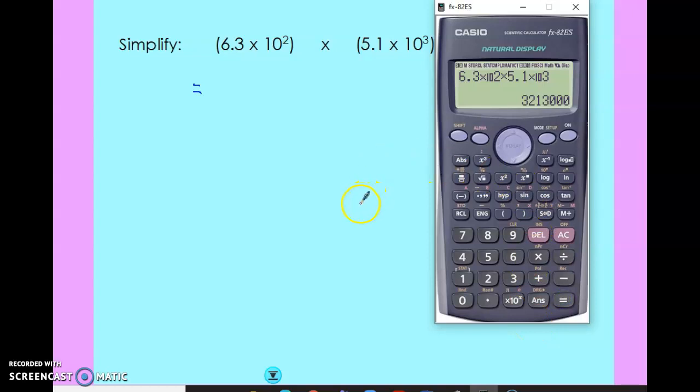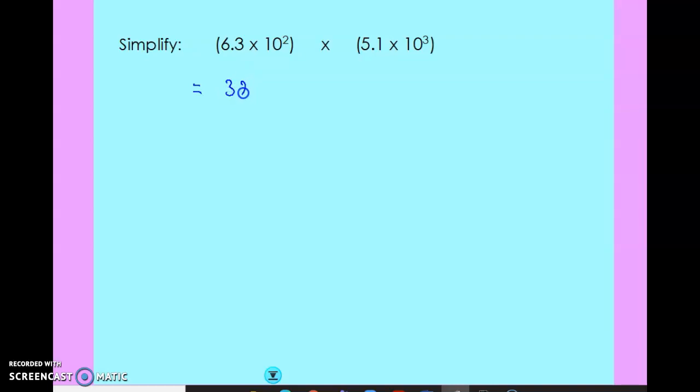And we get 3213 and 3 zeros. Back into standard form then. I need to move my decimal point to here. So I get 3.213. Try not to leave a mark like that on it because then it becomes incorrect.